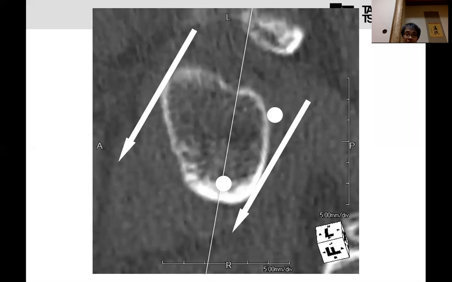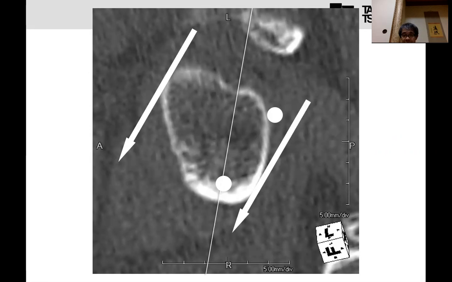But it sometimes occurs. The surgeon tends to insert the second pin as superior as possible, as posterior as possible. So it is not rare.